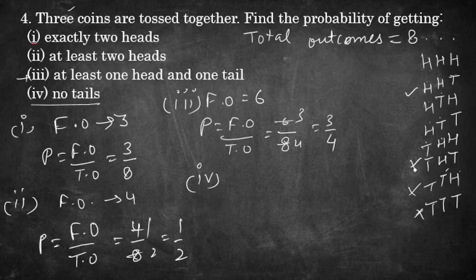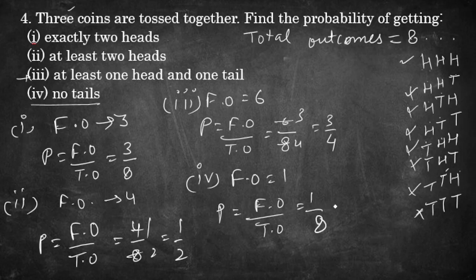Here also tail, here also tail, here also tail, here also tail. There is only one where we have no tail. So the favorable outcomes is 1. The probability is favorable outcomes upon total outcomes, so 1 by 8.